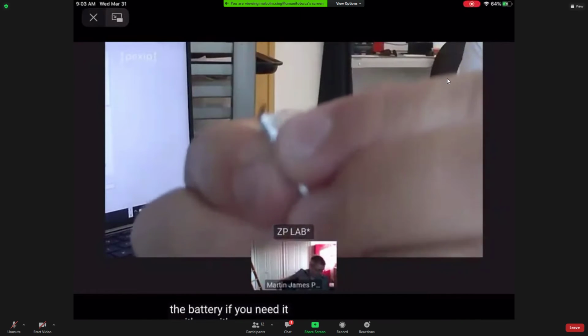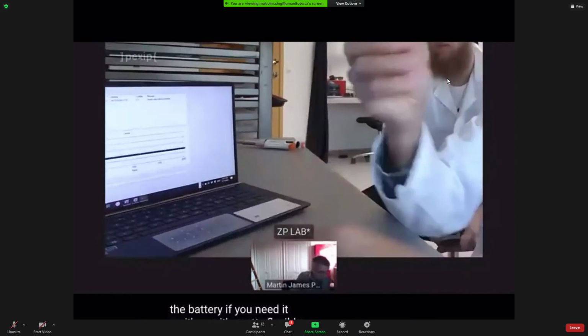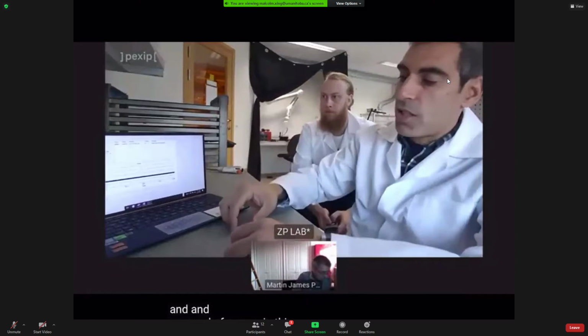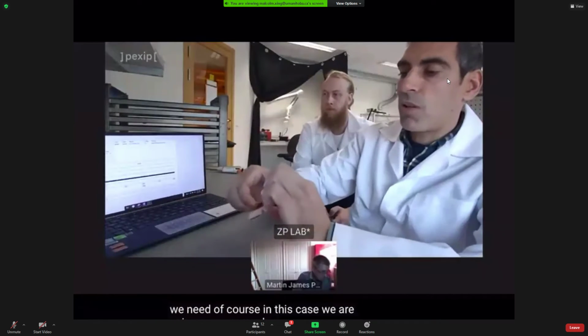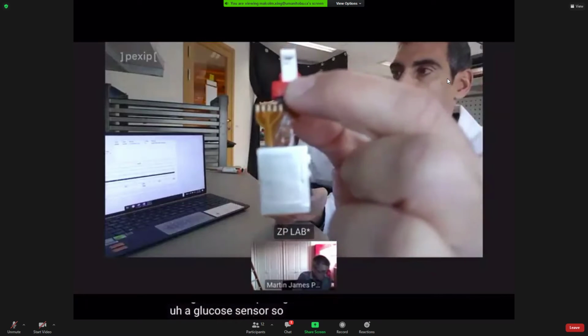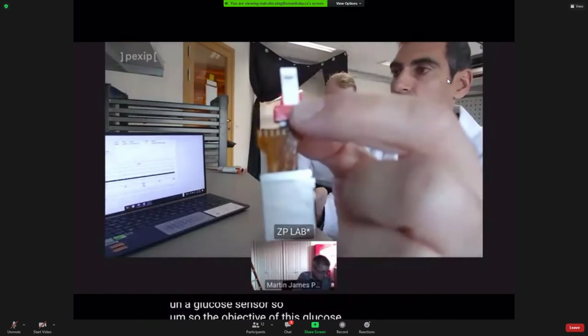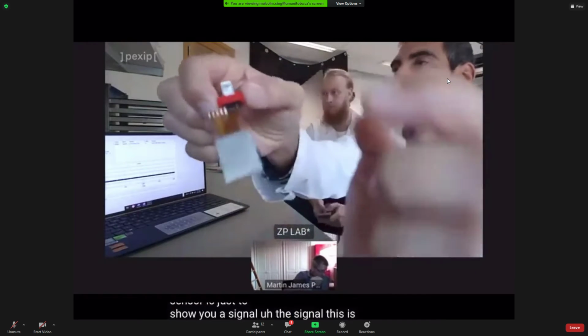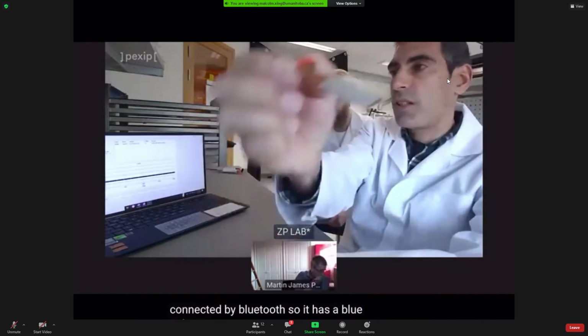So it's pretty flexible, and we need, of course, in this case, we are using as an example a glucose sensor. The objective of this glucose sensor is just to show you a signal. This is connected via Bluetooth, so it has an antenna.